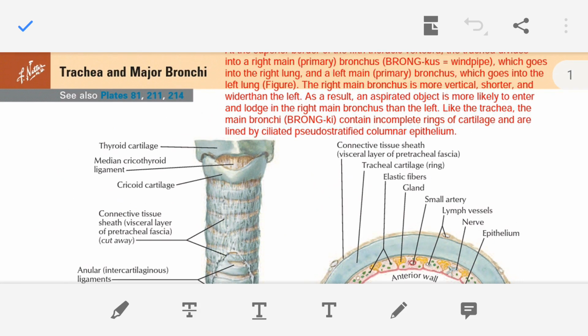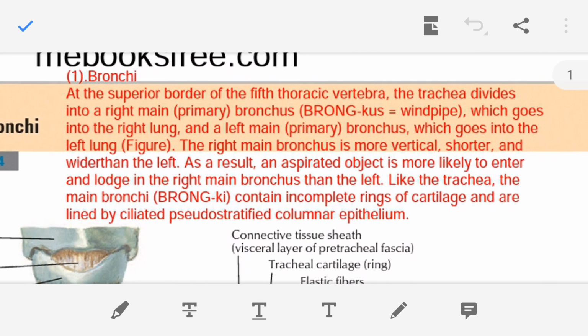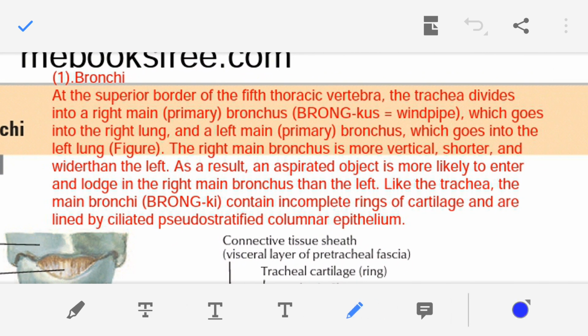And this is the reason: since the right main bronchus is wider, the atmospheric air which we inspire is more likely to enter into the right lung. So we can say the right lung receives more inhaled or aspirated objects than the left one, because the diameter of the right main bronchus is wider.